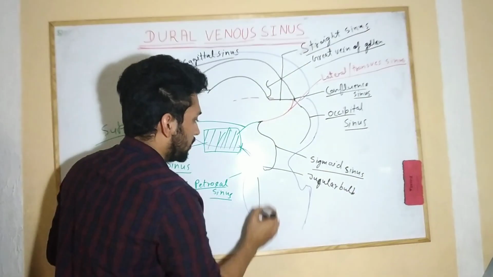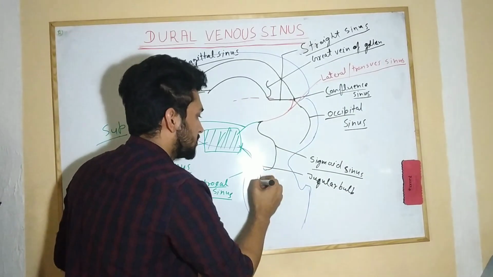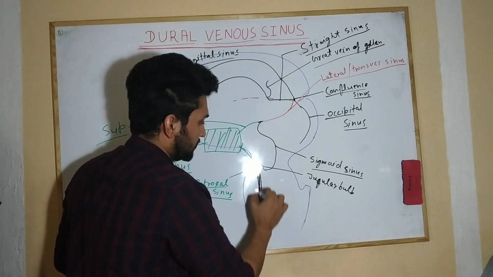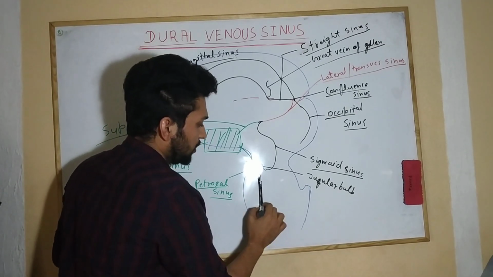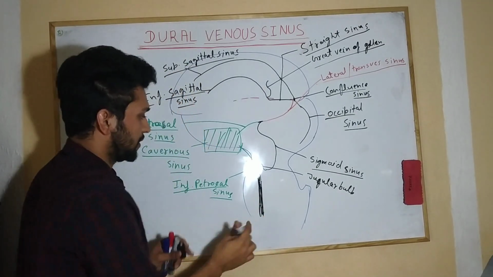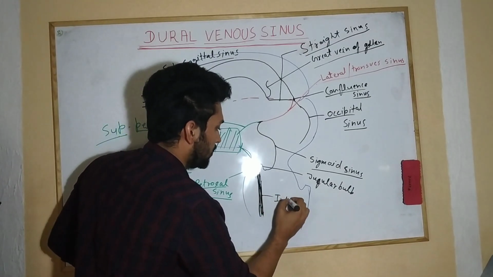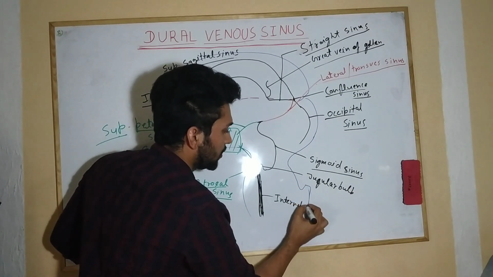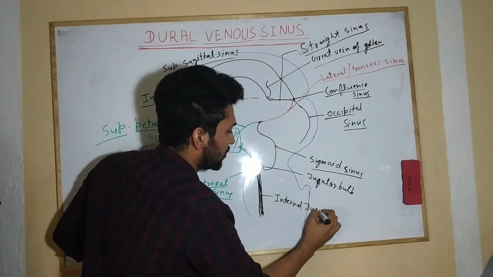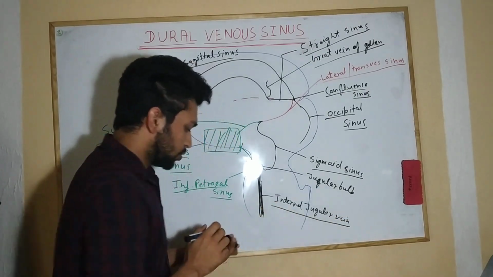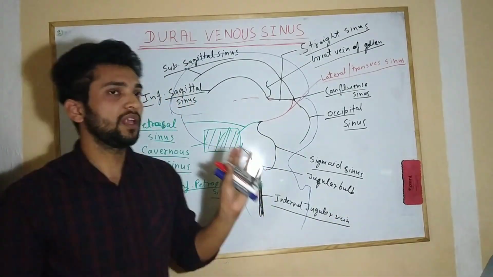And after this second marriage, this guy becomes straight. Okay, yeah. After the marriage, this guy becomes straight, and he makes the internal jugular vein. So in this very simple way you can learn all of this.